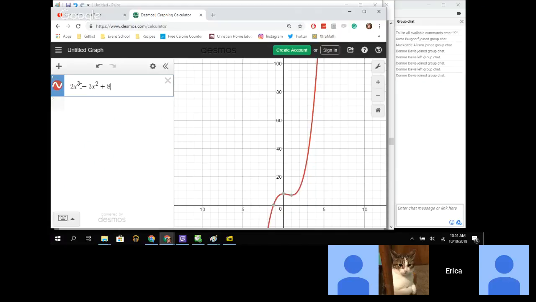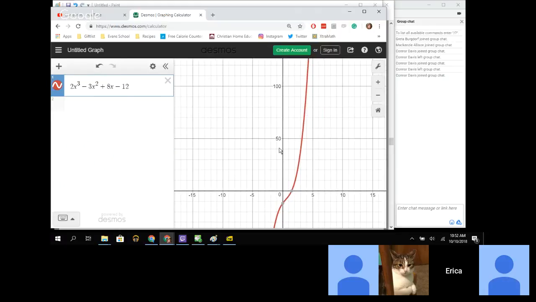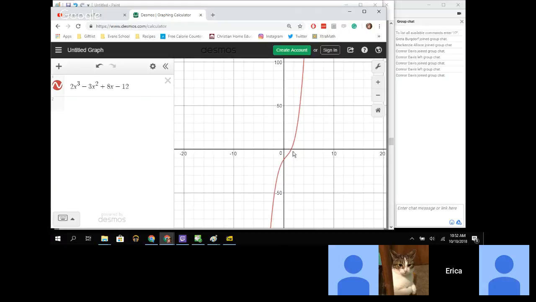Okay, so when I graph this, I actually only end up with 1 zero that is real, right? Which is 1.5, which is 3/2. The other two are on the complex realm.